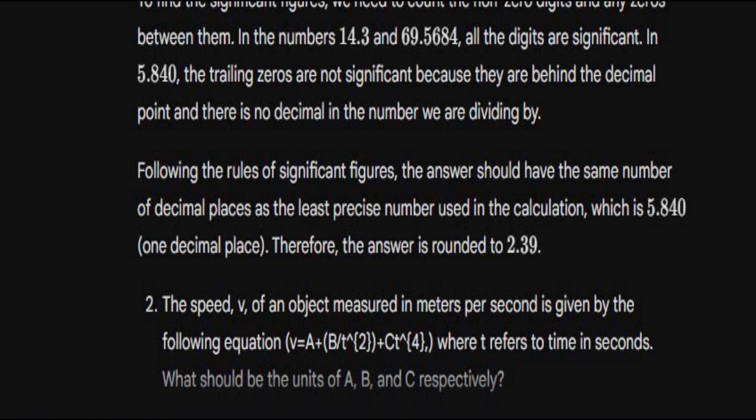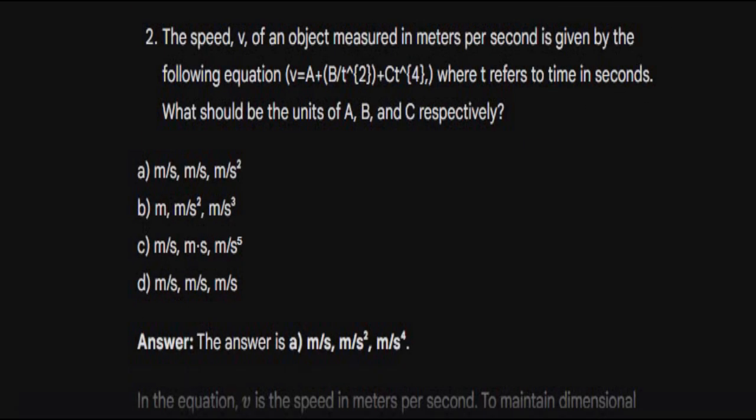2. The speed, v, of an object measured in meters per second is given by the following equation: v equals a plus b t squared plus c t to the power of 4, where t refers to time in seconds. What should be the units of a, b, and c respectively? A. Meter per second, meter per square second.